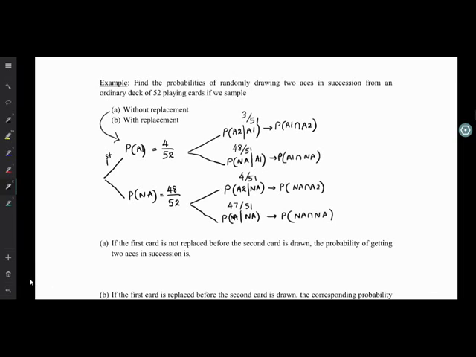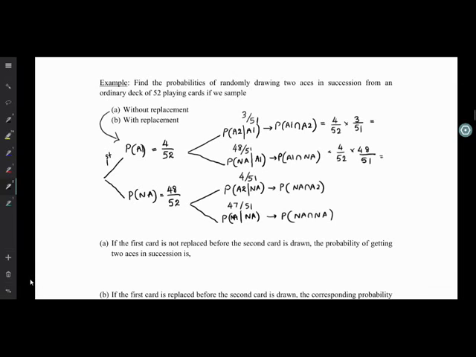If we multiply along these paths using the multiplication rule, this probability will be 4/52 times 3/51. If you multiply along the second path, that will be 4/52 multiplied by 48/51. So likewise, you can calculate all 4 probabilities.